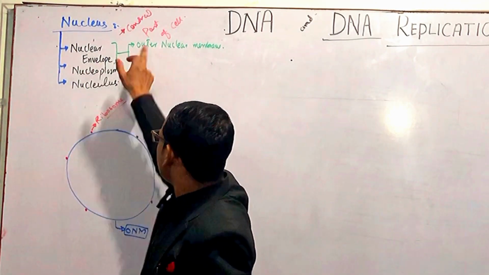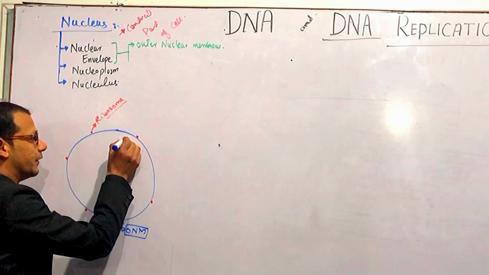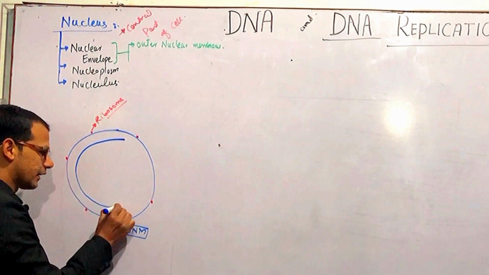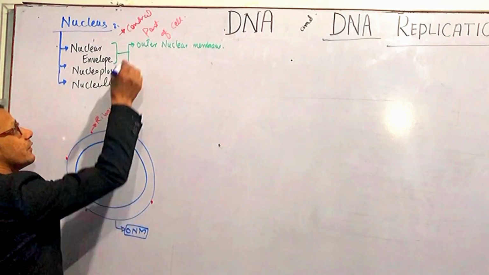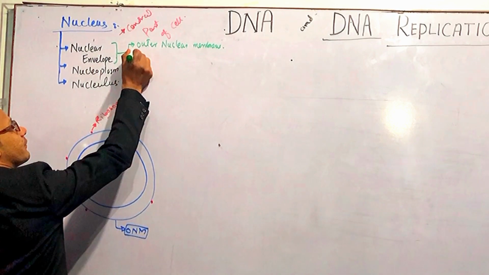After the outer nuclear membrane, we have another membrane here called the inner nuclear membrane. So the second thing is the inner nuclear membrane.